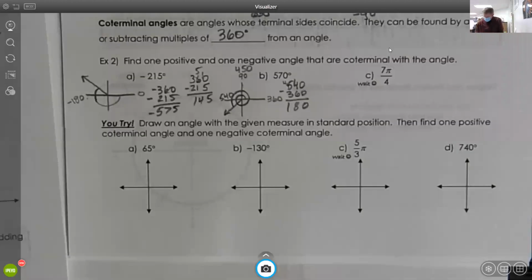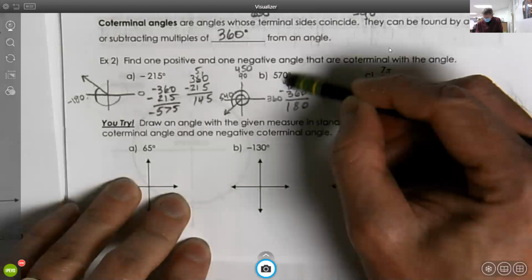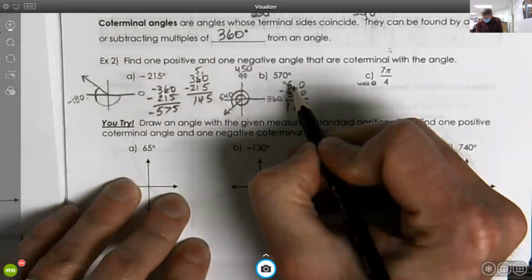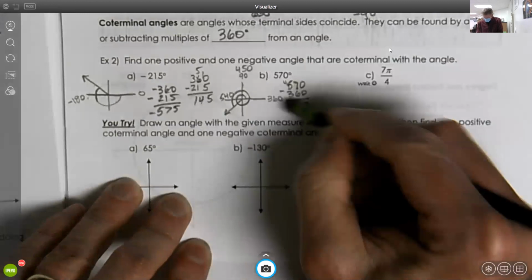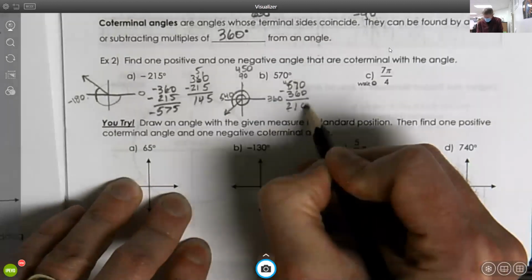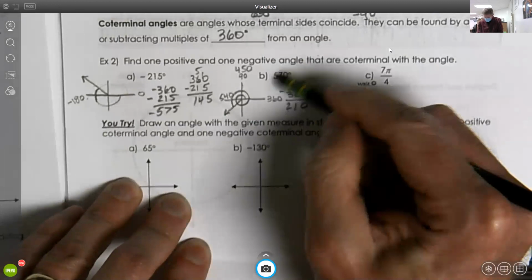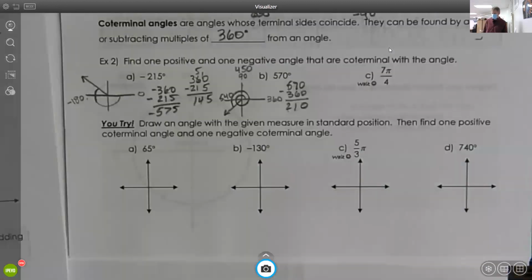It's not 540, it's 570. That would be 210. Okay, so 210 is the same location by unwinding 360 degrees. So you're still pointing in the same direction.